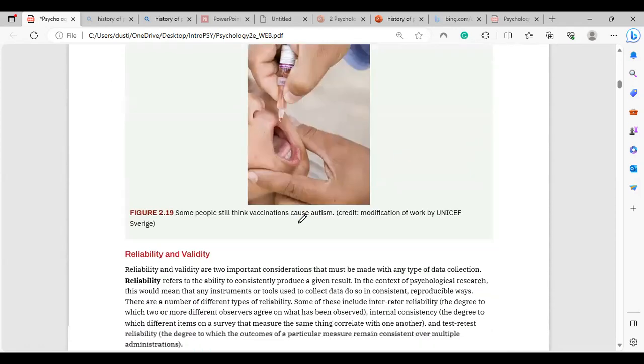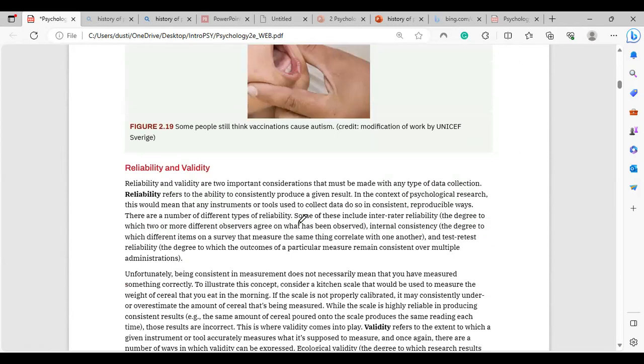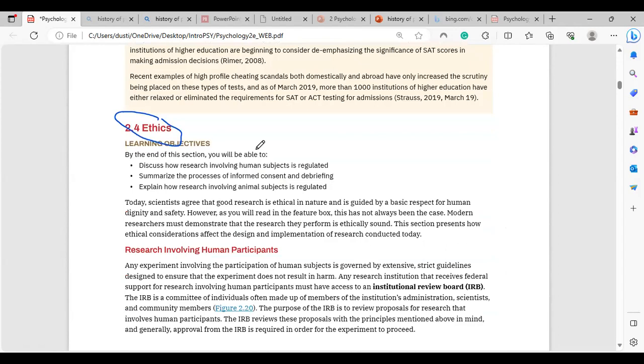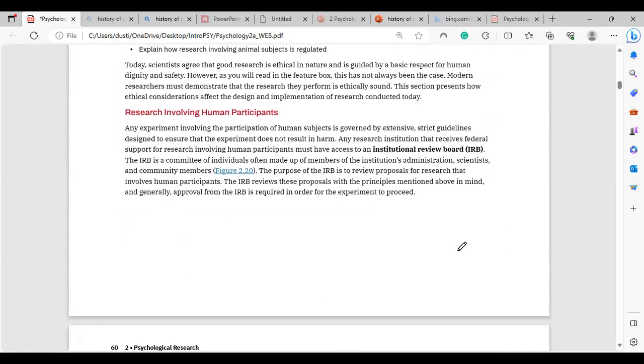All right. We are going to reliability and validity, key pieces. When we get into ethics, there are human participants. When you start thinking about that, you're working with people, and you could harm them, so there is a series of ways to approach doing something.